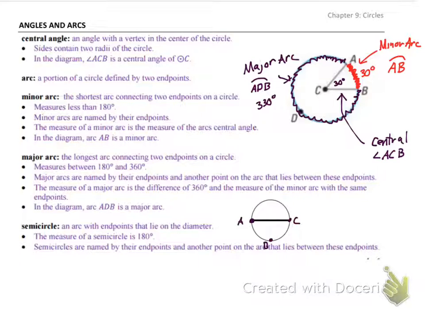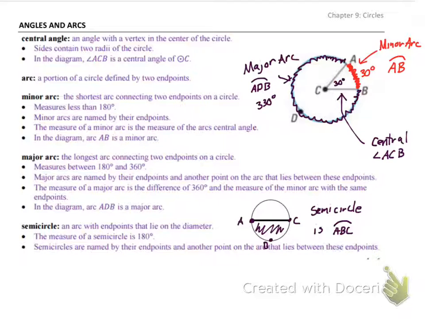Our semicircle is just that bottom half. So our semicircle is going to be the arc A, B, C, and we still use 3 letters for a semicircle.